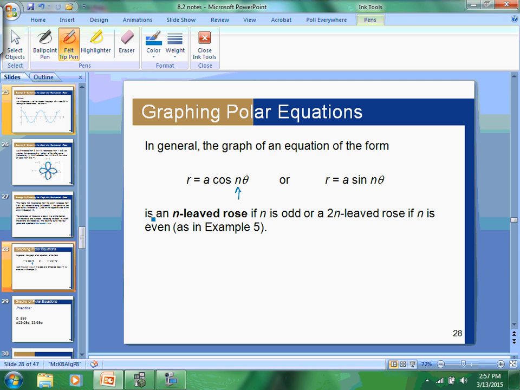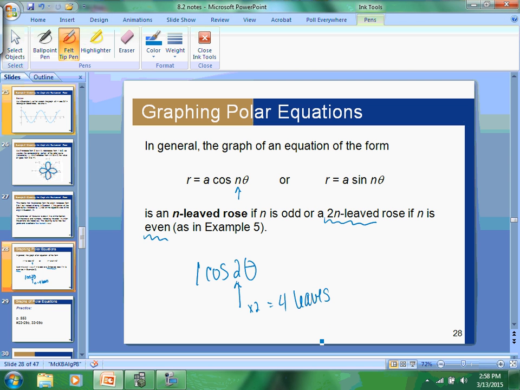So it says here it's going to be an n-leaved rose if n is odd, and a 2n-leaved rose if n is even. So we had 2, so 2 was even, so then we took 2 times 2, so we got 4. Because our equation was 1 cosine 2 theta. 2 is even, so then we multiply it by 2 and we get 4 leaves, or 4 petals on the rose.